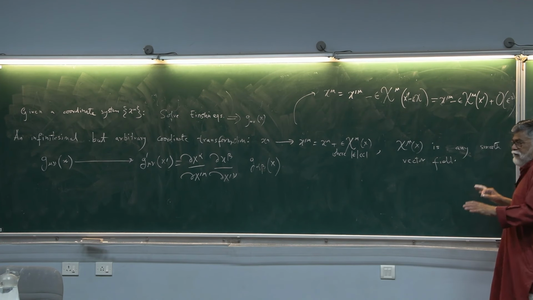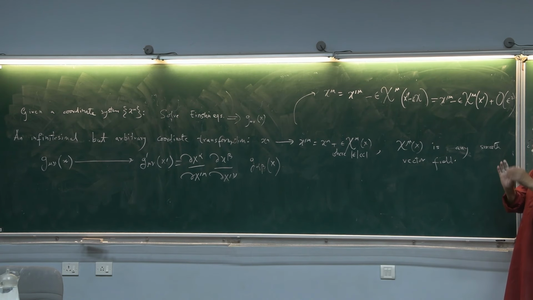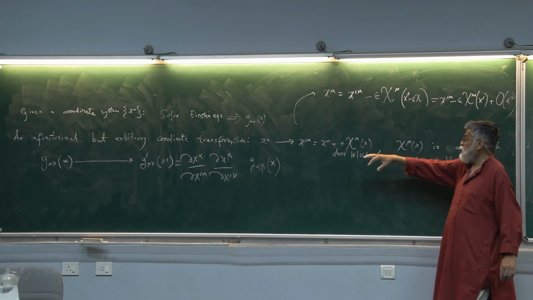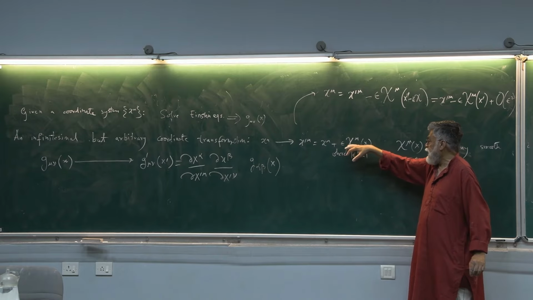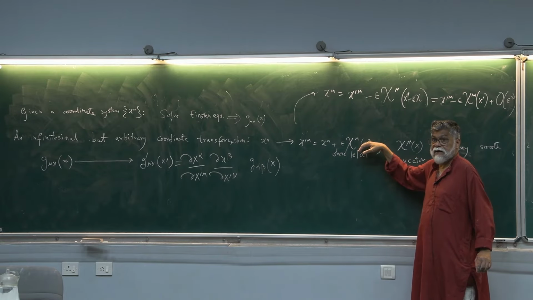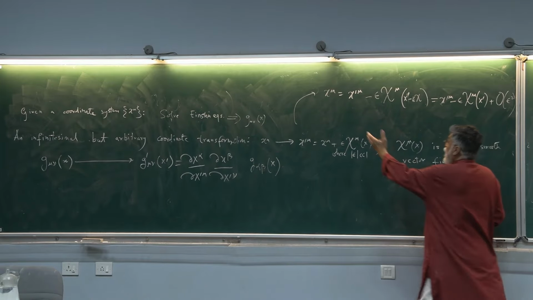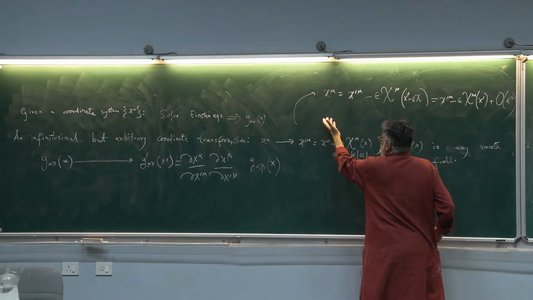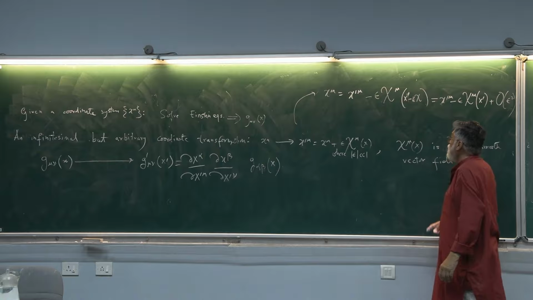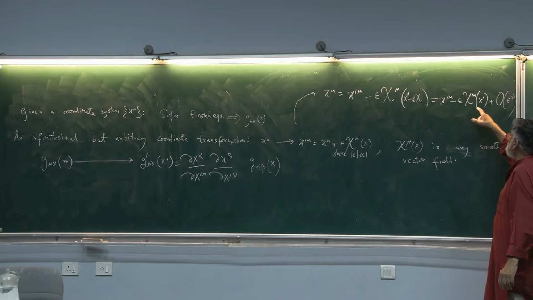Remember, these are mathematical details: x prime^mu is related to x^mu plus epsilon chi^mu, which is a function of x. But when I take del by del x prime^mu, I have to say how del x^mu by del x prime^alpha comes. So I have to rewrite everything in terms of x prime.